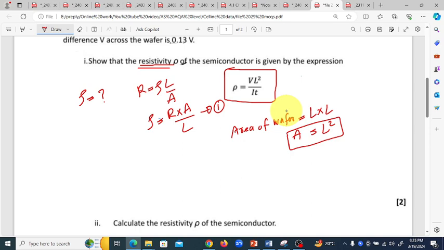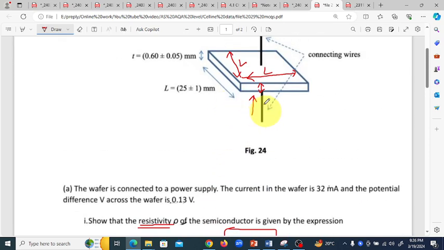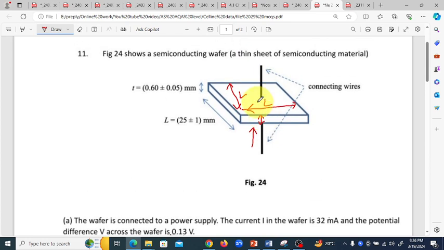Now, when the current passes through these wires, the thickness is the length or distance covered by the electrons. These two sides make the area, so this thickness T is the third side, the length.